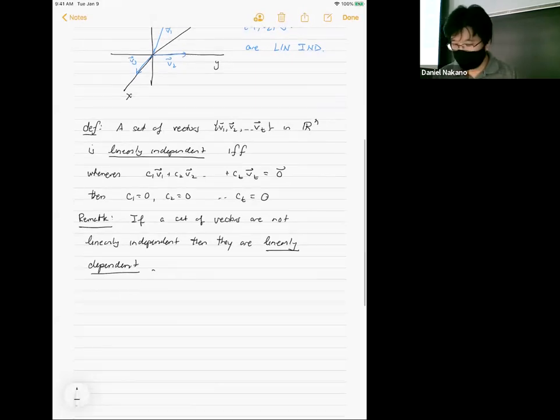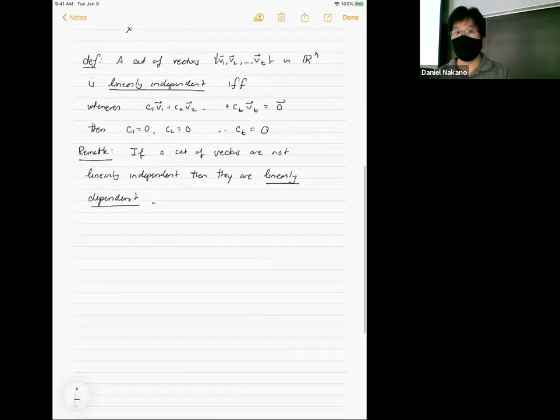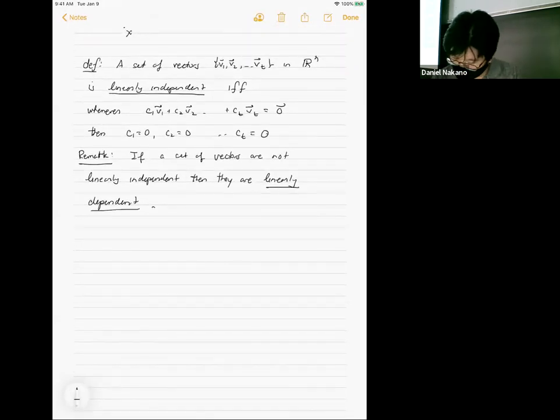Okay, so now let me take this equation star and let's translate it into the language of systems of equations. So let's look at systems of equations again.